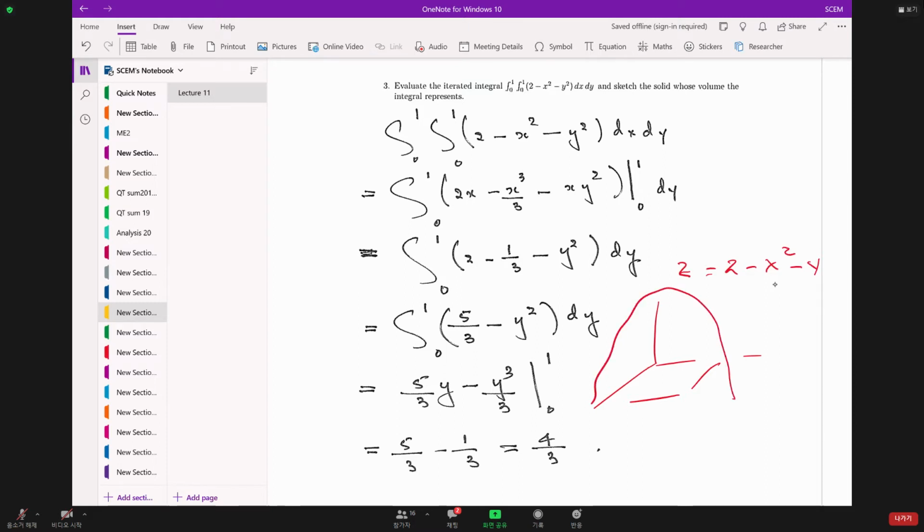When x squared plus y squared equals 2, z equals 0. So it's some surface you're integrating over this region. Here, x goes from 0 to 1, y goes from 0 to 1. I'm not going to ask you to draw a diagram, but that is basically what you're doing. You're integrating this function f of x, y over this region.